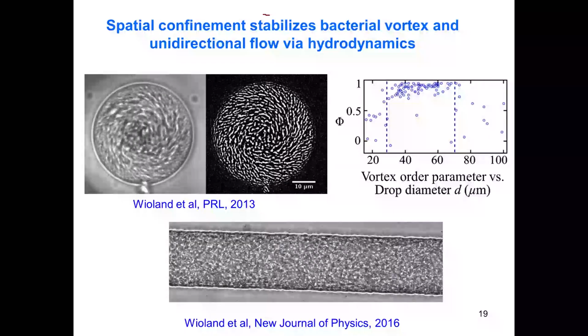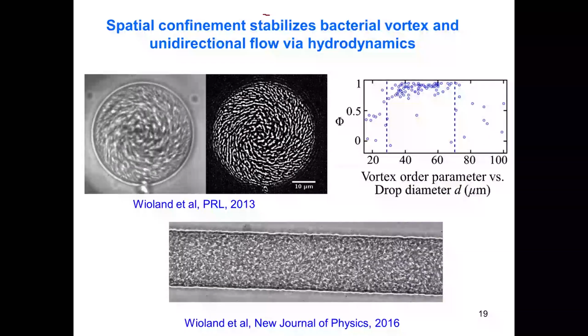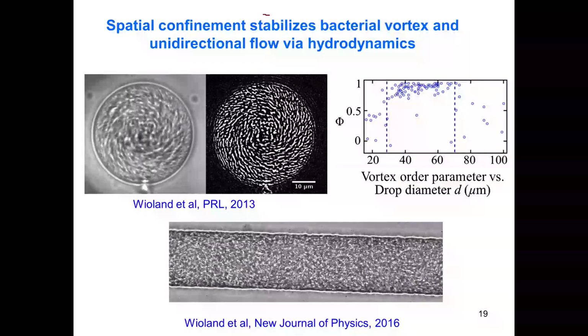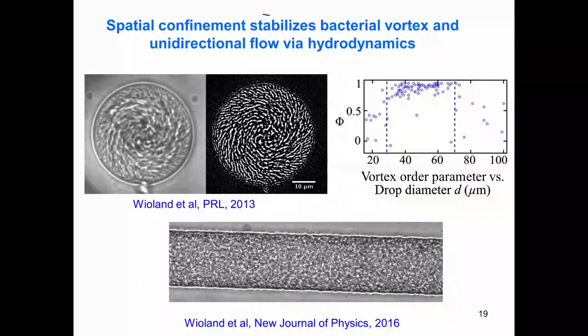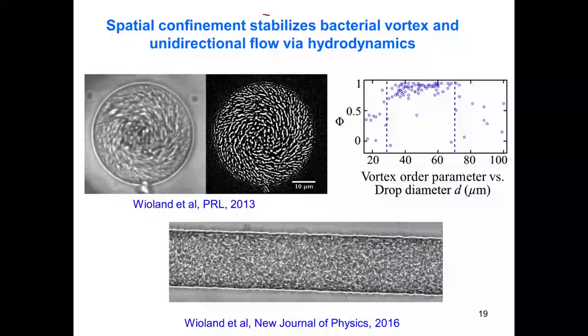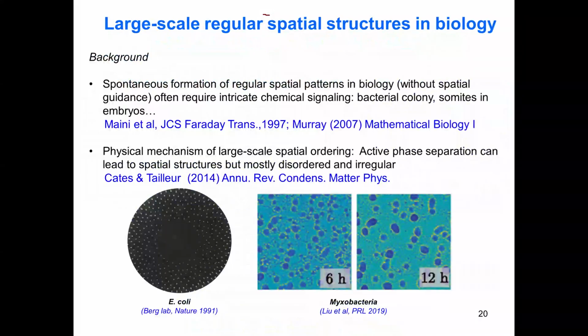And if they are confined in a racetrack-like quasi-1D channel, spontaneous unidirectional flow will develop. These ordered structures formed by confined bacterial suspensions are on the scale of tens of microns to roughly 100 microns. So these are mesoscale patterns.